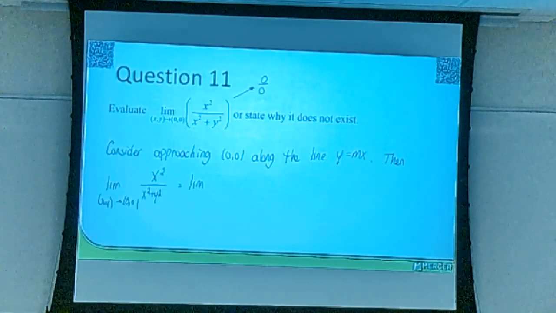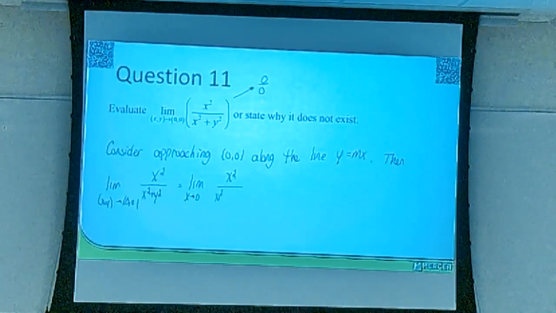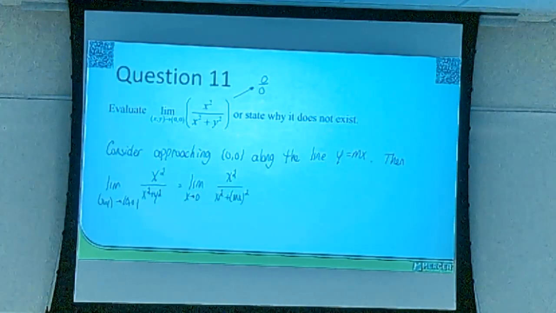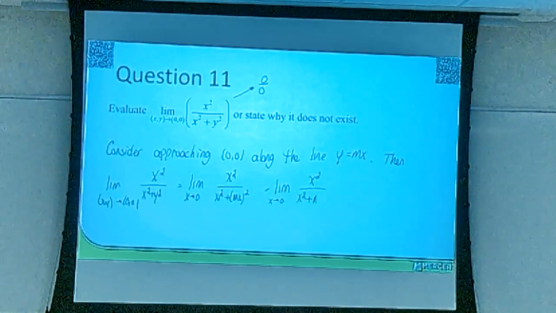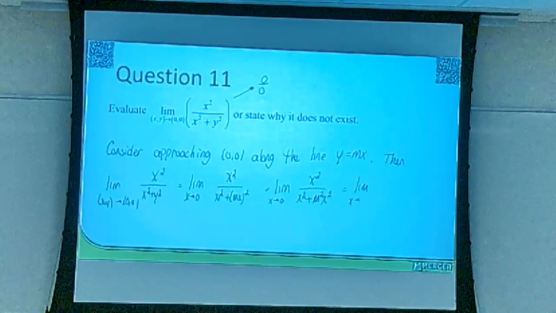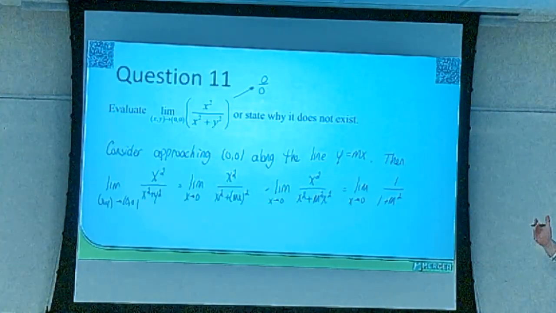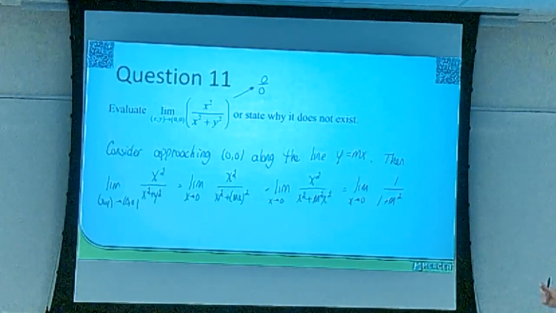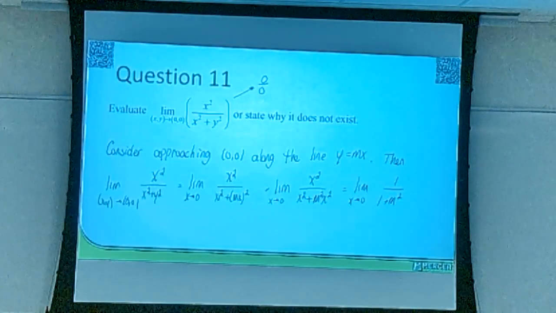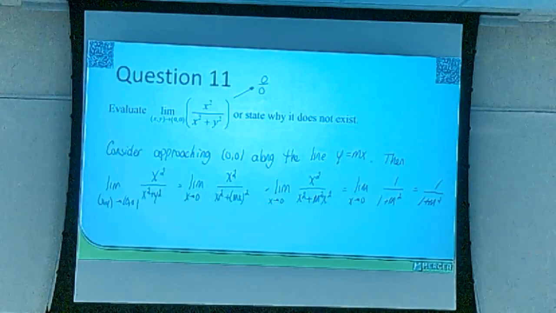That line is going to approach the origin. Since x is approaching 0, we can cancel out the x squareds, so that means x will never be 0. That's just 1 over 1 plus m squared.